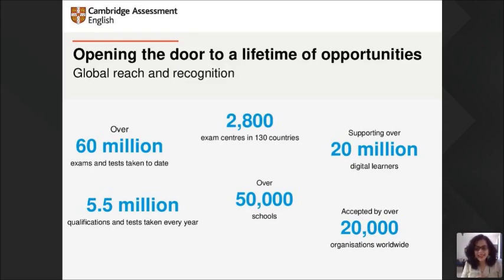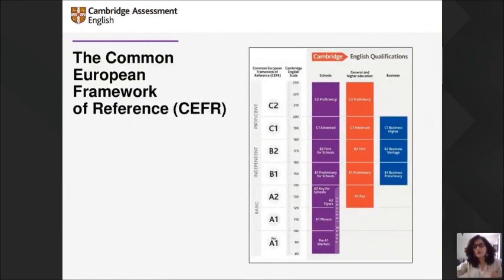And these exams, which Cambridge Assessment offers, are recognized by over 20,000 organizations globally. Cambridge exams are offered by more than 50,000 schools across the world, and every year around 5.5 million candidates take the Cambridge qualifications and tests, and to date we have more than 60 million people who have taken our exams and our tests. So that was to give you an overview of the Cambridge assessment exams.